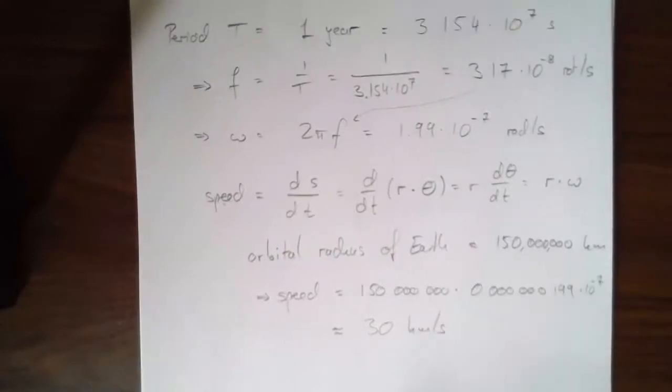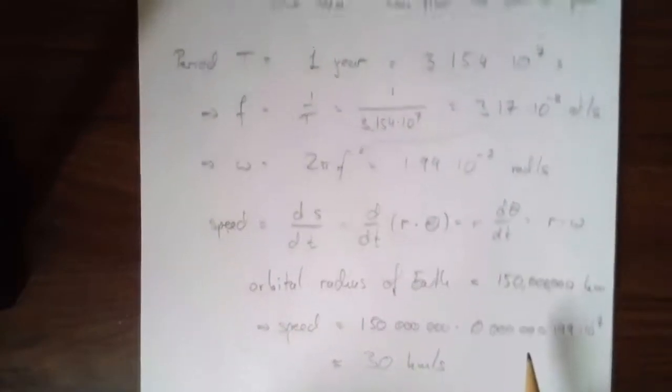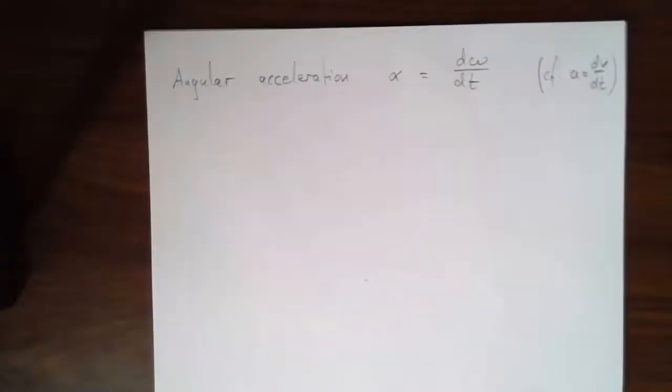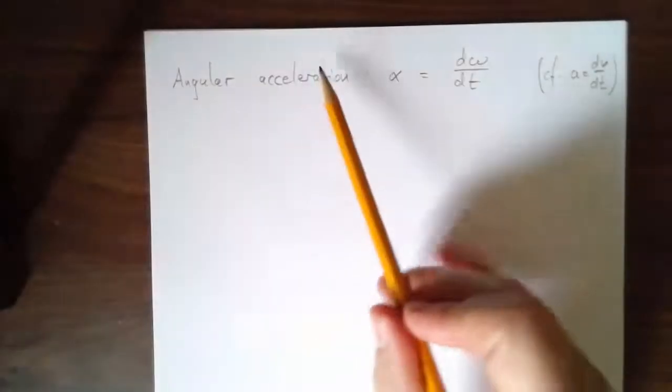Alright, so now let's move on and introduce angular acceleration. Now we're going to go to scenarios where omega, the angular velocity, does not stay constant. So let me start a new page for that. Here's the definition of angular acceleration.